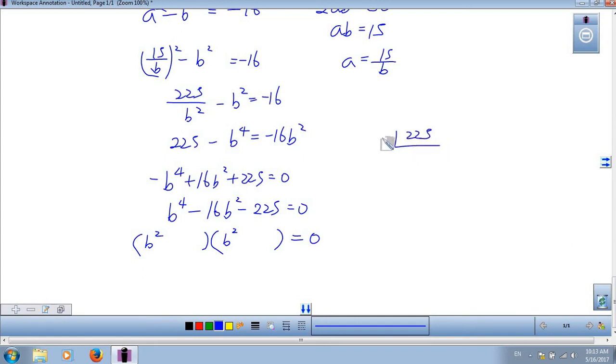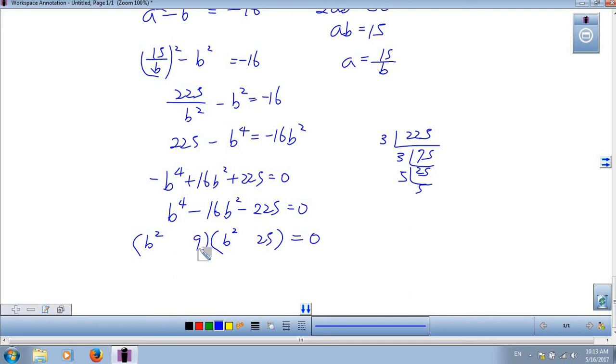Let's see, 225 divided by 3 is 75. 75 divided by 3 is 25. 25 is 5 and 5. So that's why it's 15 times 15. Now let's see if we can use 25 and 9.